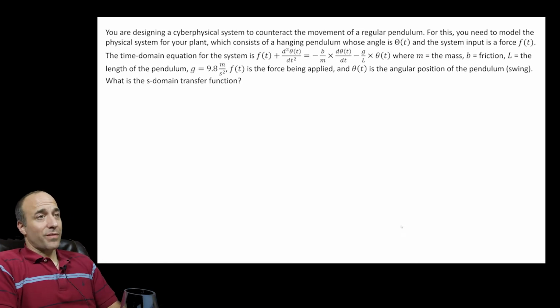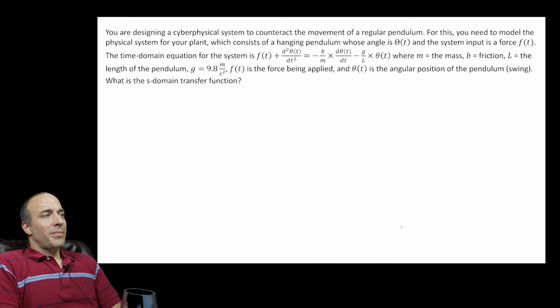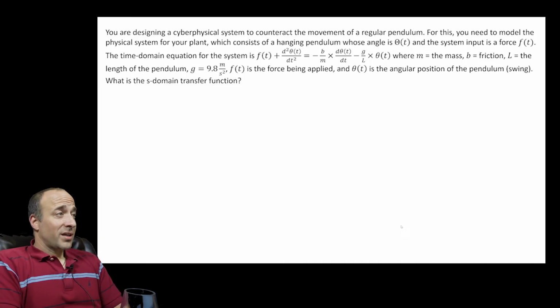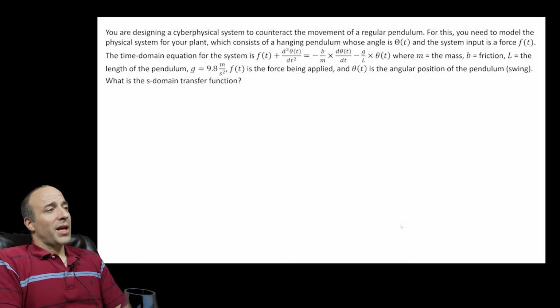M is the mass, b is the friction, L is the length of the pendulum, and g is the acceleration of gravity, 9.8 meters per second squared. F of t is the force being applied, as I mentioned, and theta of t is the angular position of the pendulum. What is the S-domain transfer function?